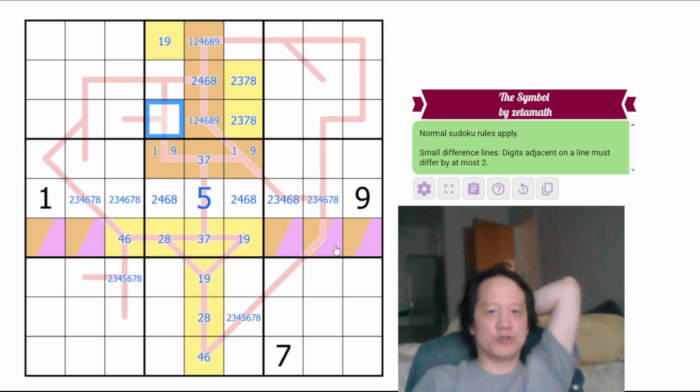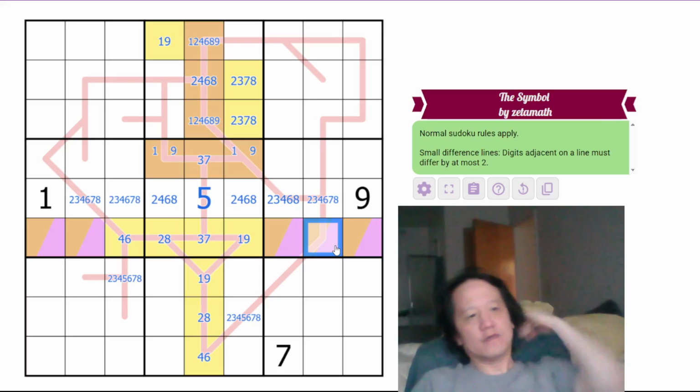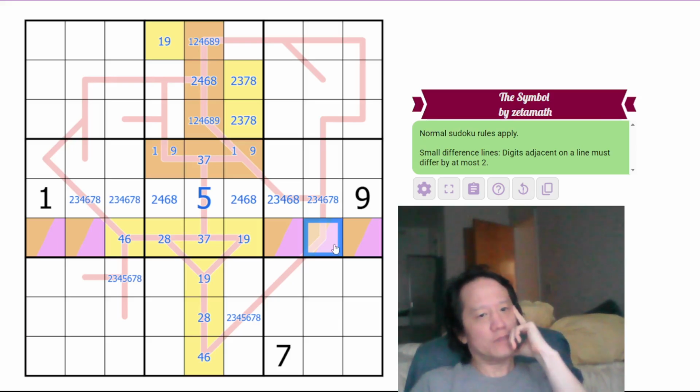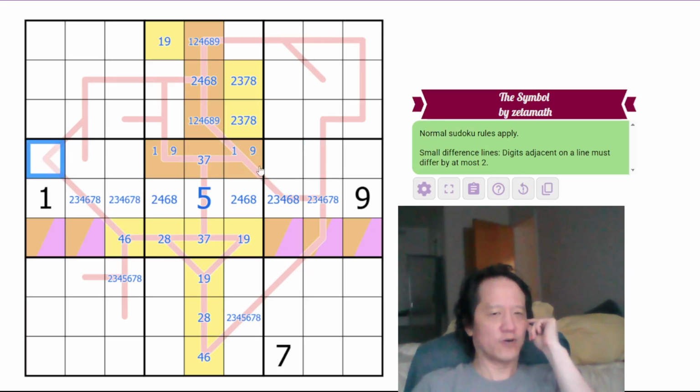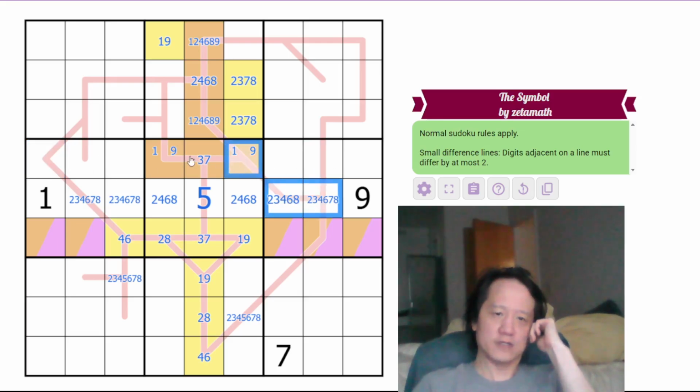This is orange or 5. I guess this could be orange too. Only one of these two is orange, but it's still pretty far removed from these cells.